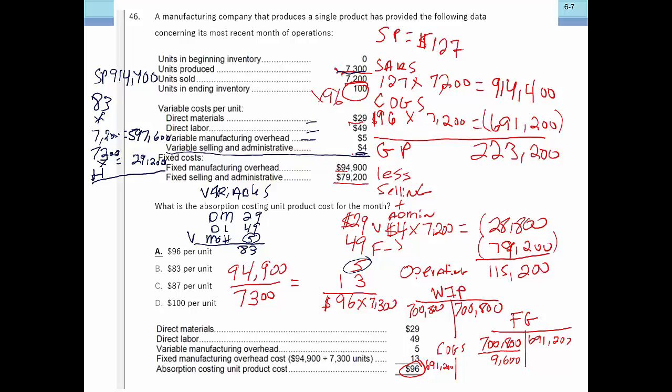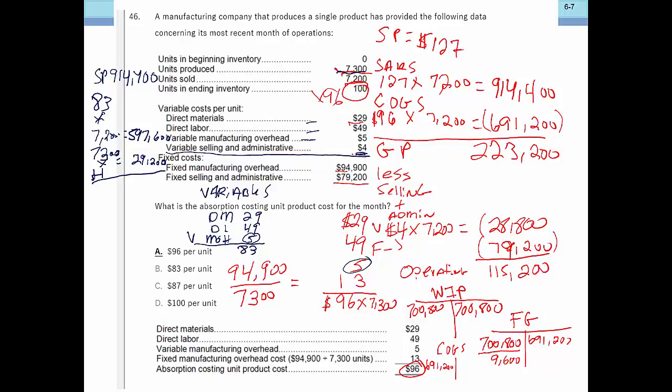Sales was 7,200 units times $127. Thank you. That was 914,400. Sales minus my costs is going to give me operating income, right? So I pick up that variable cost per unit, $83, times the units I sold.